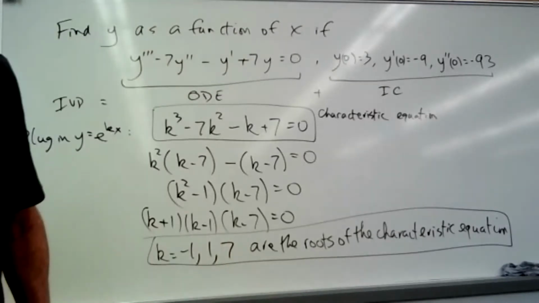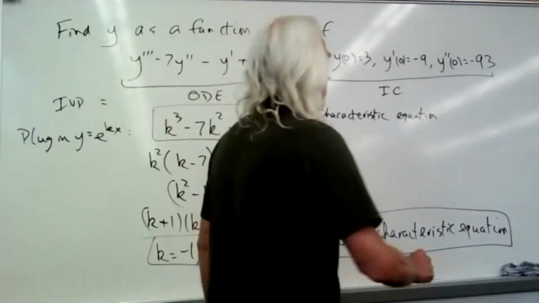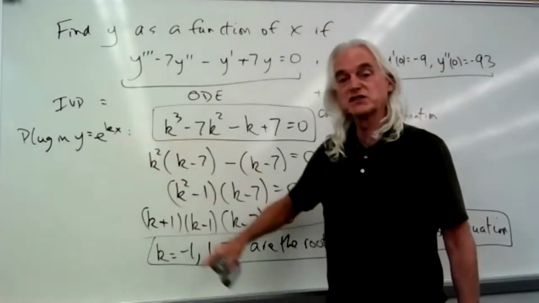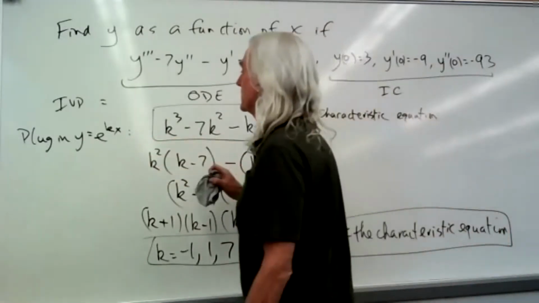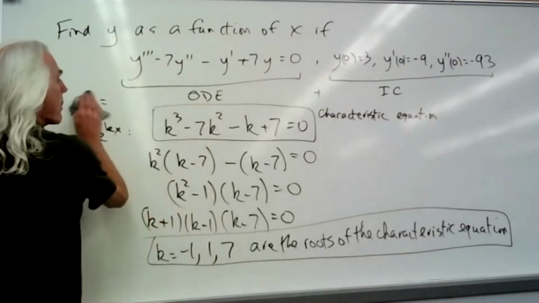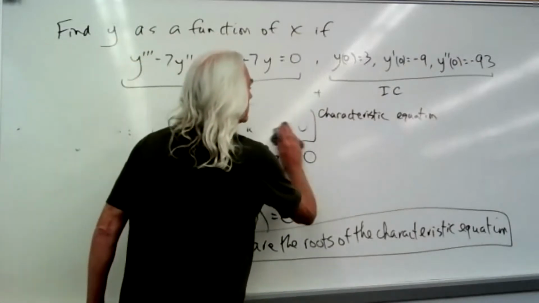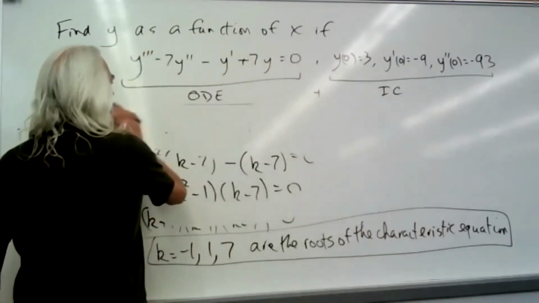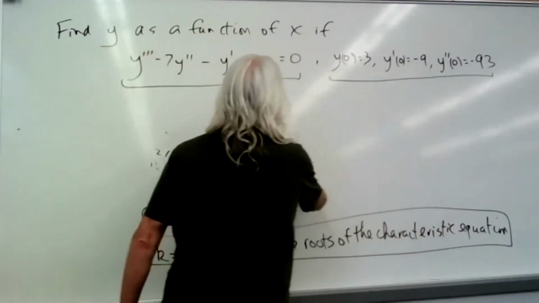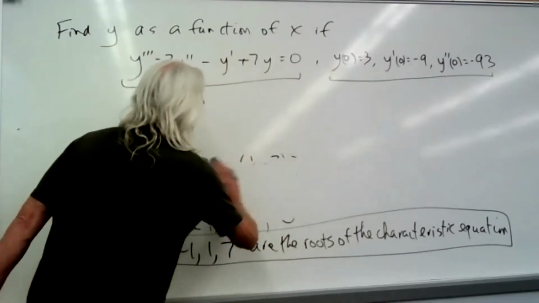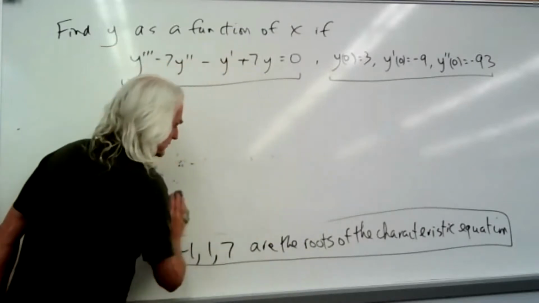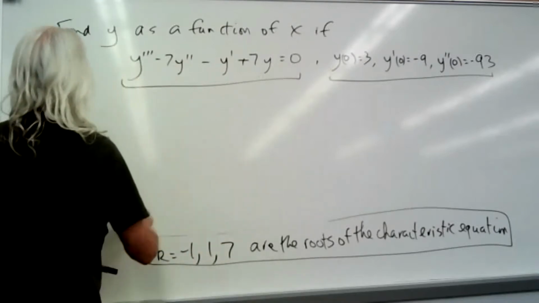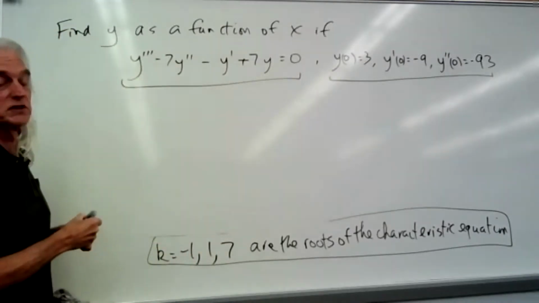And we get the general solution by taking a linear combination of those three solutions we just found. So get rid of all of this except for the result of those three roots. So we take those three roots, we turn them into the general solution.